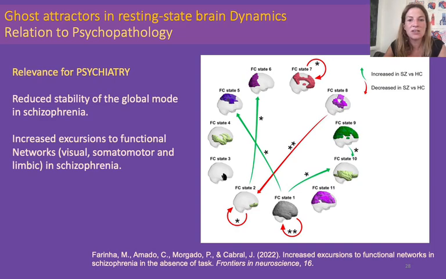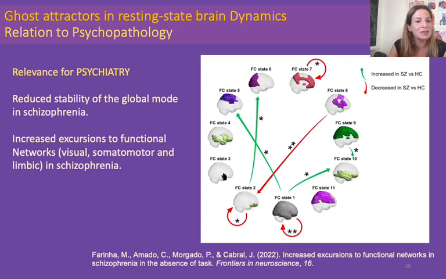Okay, and this has relevance for psychiatry, because we are finding in different applications that these trajectories are changed in diseases, and also the occupancy. For example, in schizophrenia, there's a highly significant reduced ability to remain in the fundamental mode, in this global baseline state where everything is synchronized together, and there are significantly more excursions, so more activations or more switches to the visual network, to the somatomotor network, and to a limbic network.